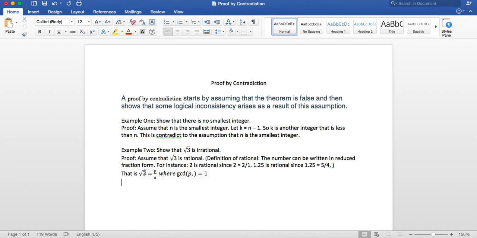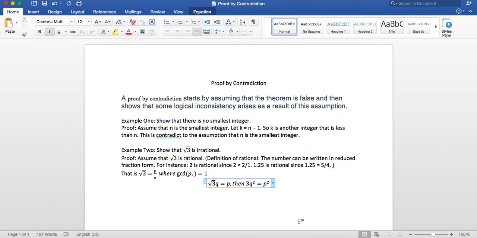Since you have the square root of 3 equal to p over q, that gives you p equals the square root of 3 multiplied by q, because you multiply q on both sides. Then you square both sides, and you will have 3q squared equal to p squared.